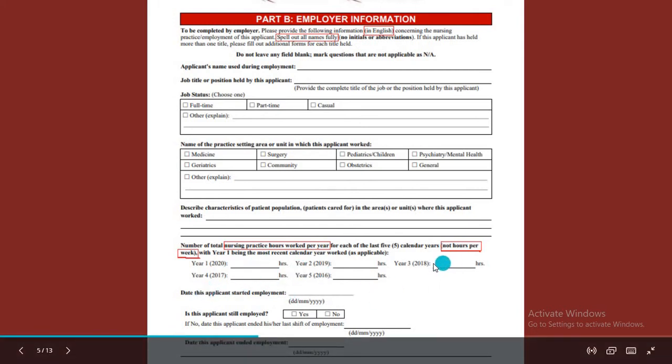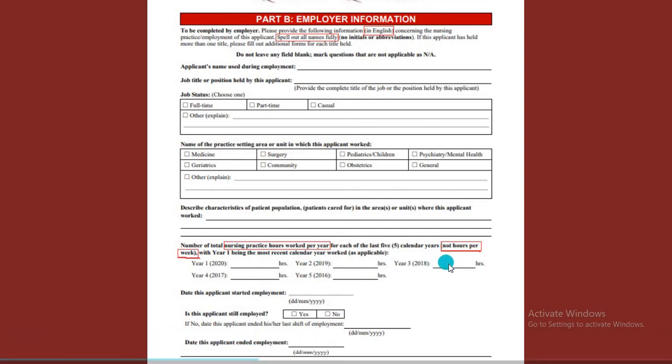Another very important thing that you should mention in your cover letter, or request of your employer, is to take care to mention, in your total practice nursing hours, the number of hours worked in the calendar year, not as hours per week.